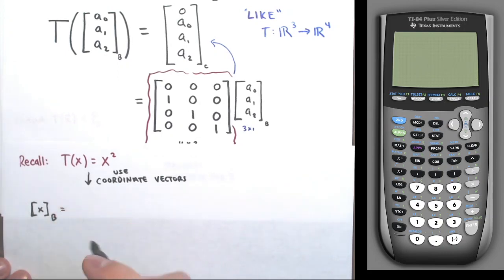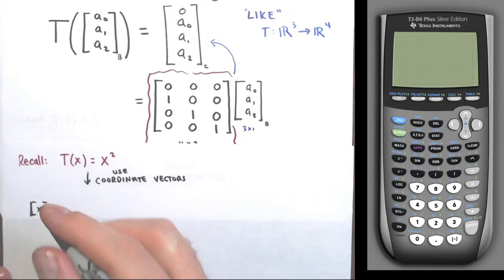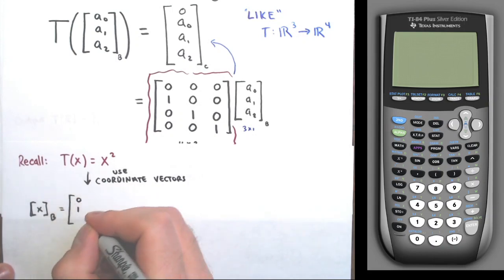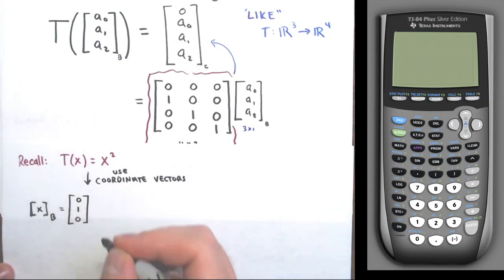Well, basis B was the standard basis for P2, that was 1, x, x squared. So this is 0 times 1 plus 1 times x plus 0 times x squared.